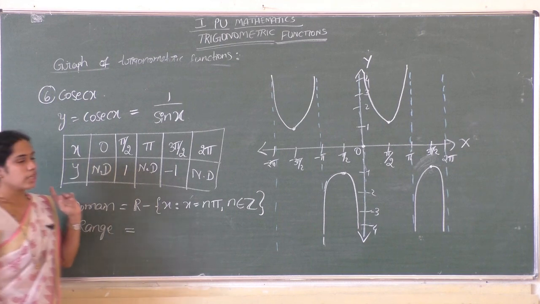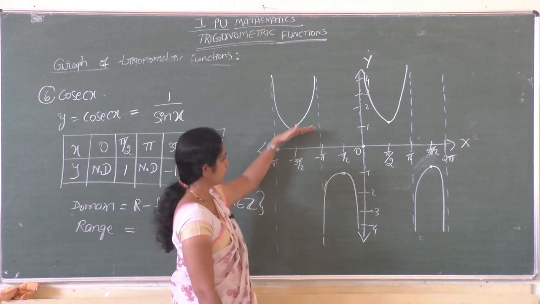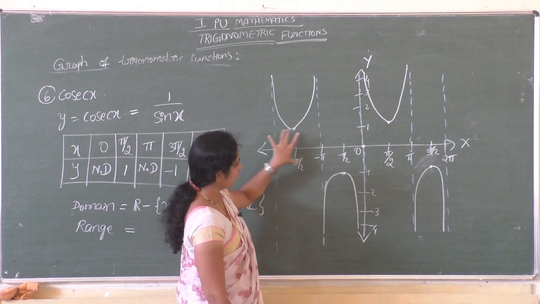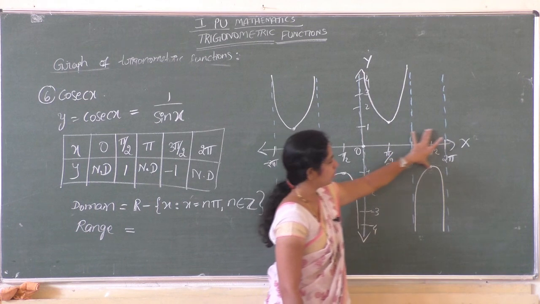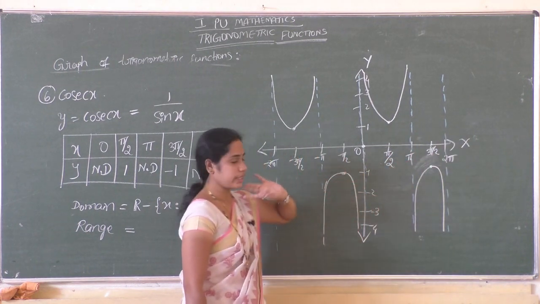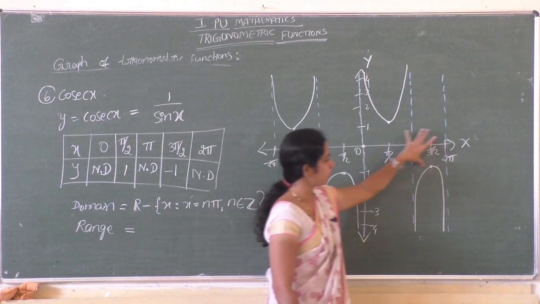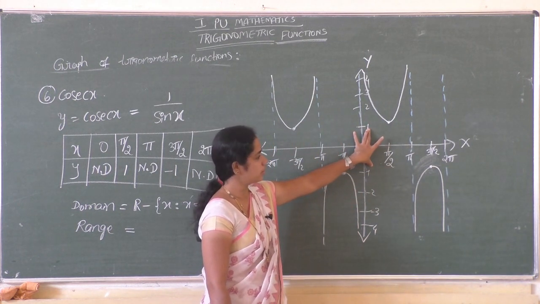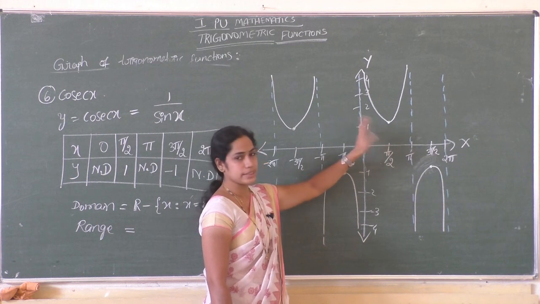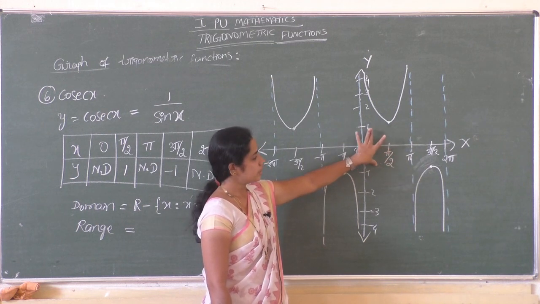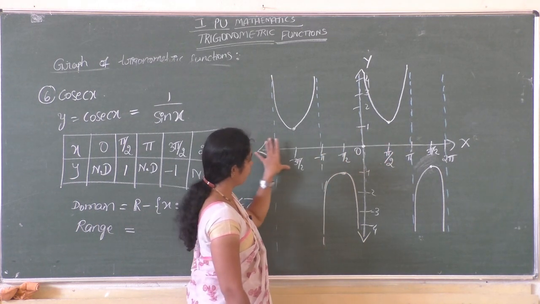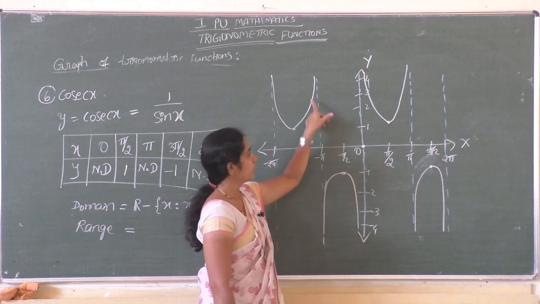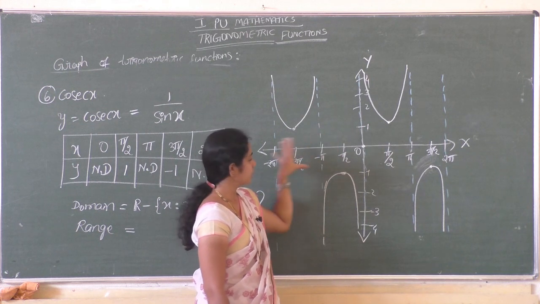Range. What is the range? Again you can observe, between plus 1 and minus 1 there is no value, correct? Between minus 1 and 1 there is no y value. All other values are there in the graph.